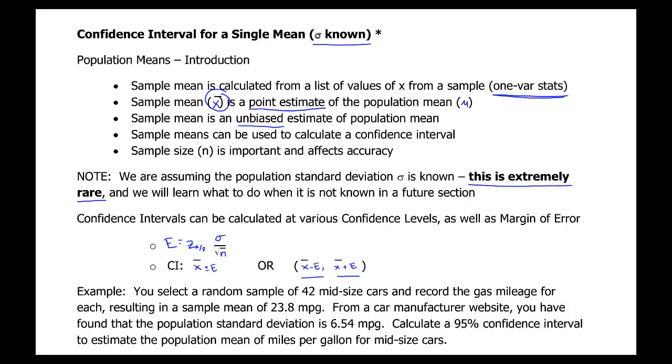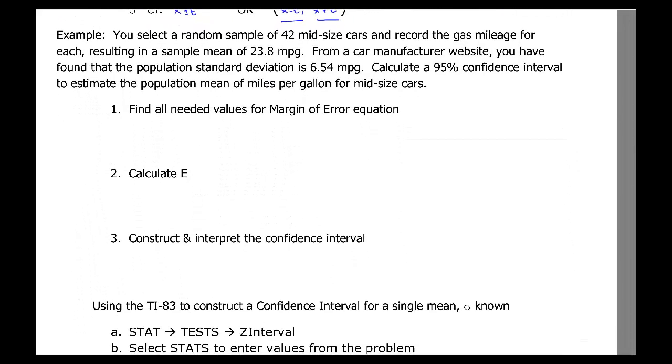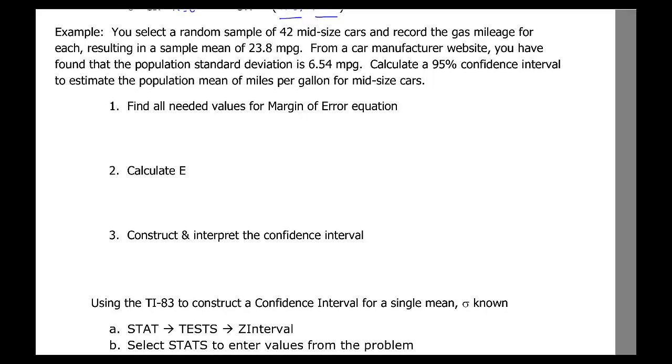So let's take a look at an example. If we go through the problem, we have a random sample of 42 mid-sized cars, so n will be 42. Gas mileage sample mean is 23.8, so x bar is 23.8.